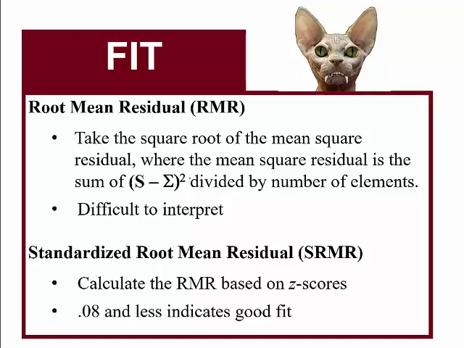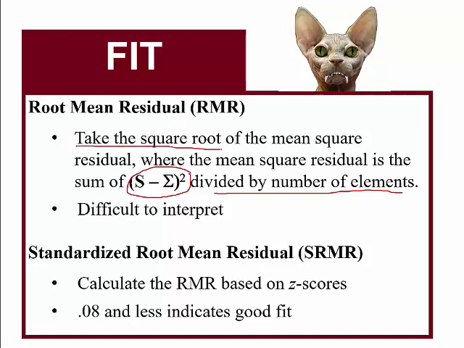So once we have our sum of squared residuals, we can divide that by the number of elements in the variance covariance matrix, and that will give you the average squared residual, or the mean squared residual. And then if you want to evaluate that value in non-squared units, we can unsquare it, or take the square root.